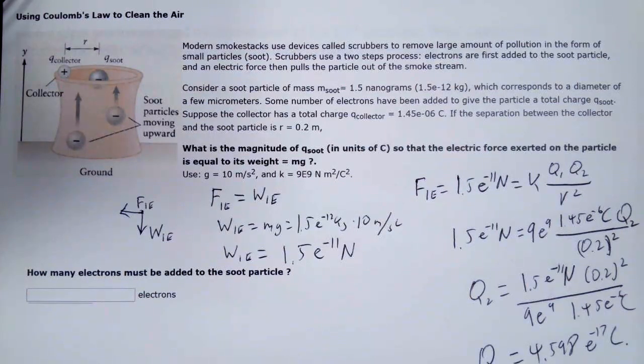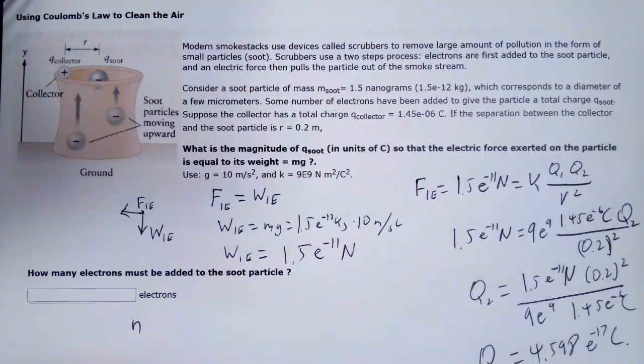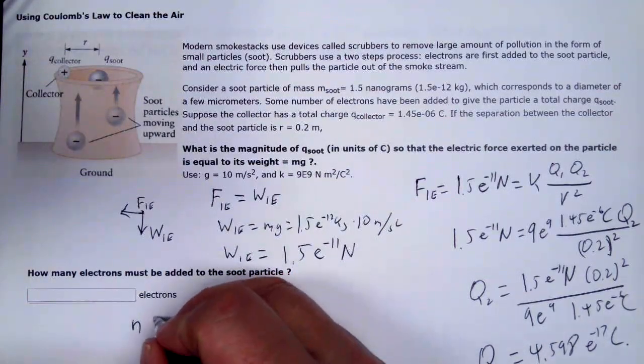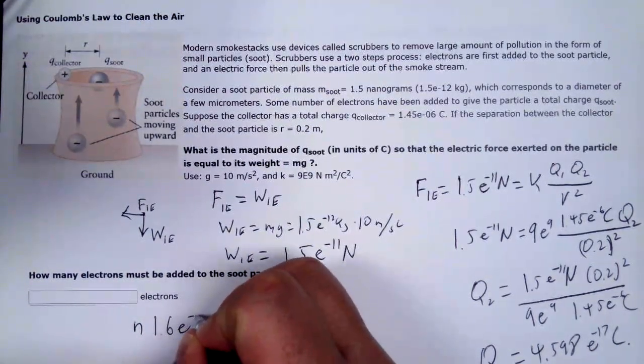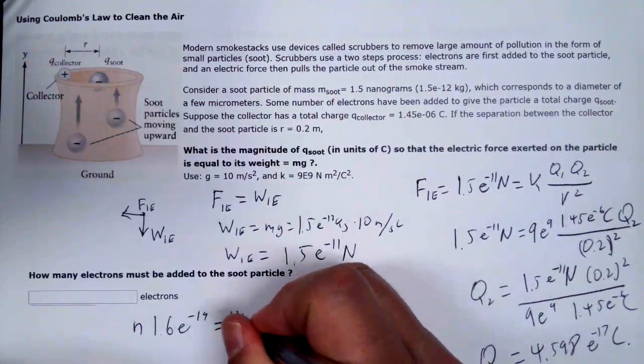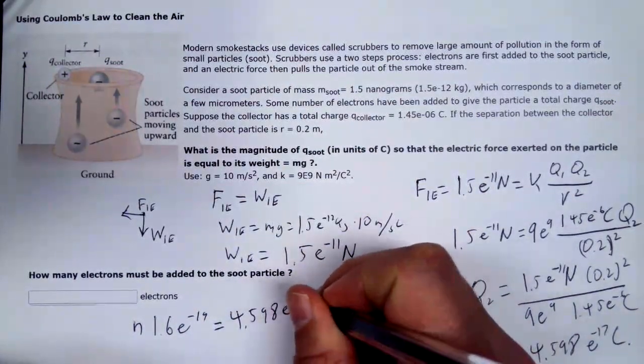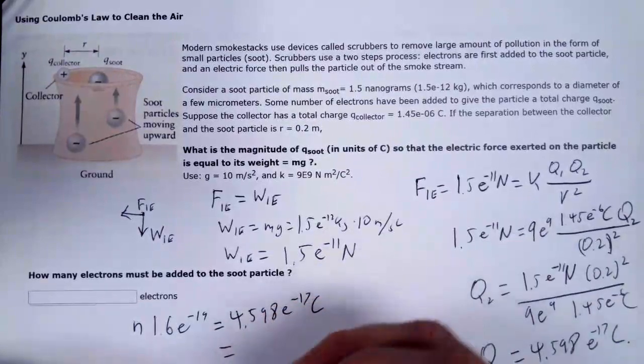Our follow-up question is how many electrons are required to be added to the soot particle? We've just found the amount of charge. The number of electrons, which we'll call n, multiplied by the charge of an electron, negative 1.6 e to the minus 19, is equal to the total charge, 4.598 e to the minus 17 coulombs.